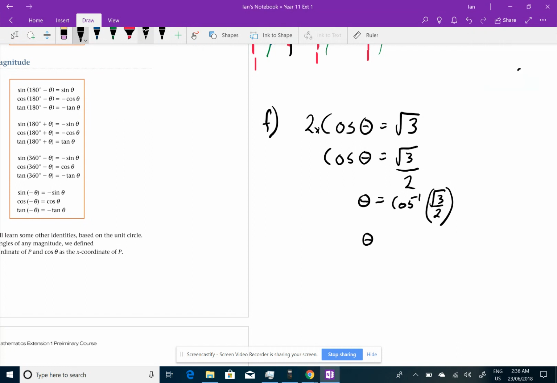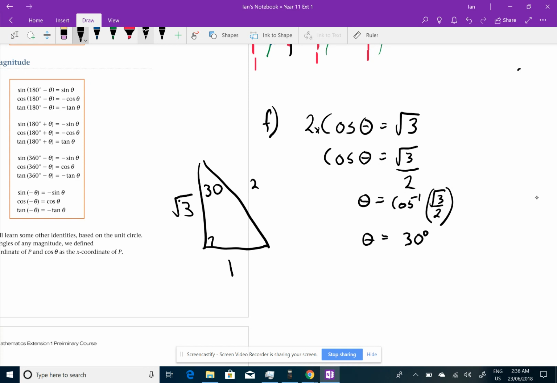Okay, so my acute angle is 30 degrees. And you should have known that, because you know your right angle triangle. Here's 1, there's root 2, there's root 3, and there's 2, and your 30 degrees is in there, and there's your cos.